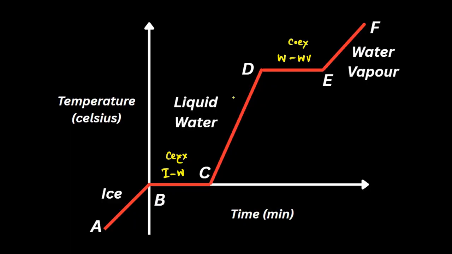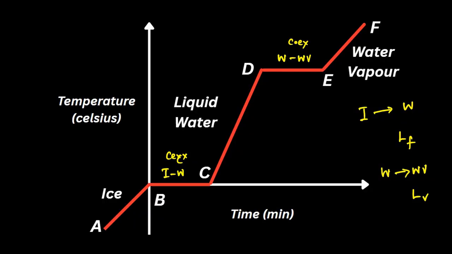This is the situation. So to convert the entirety of ice to water, you need latent heat. To convert the entirety of water to water vapor, you need latent heat. The latent heat to convert the entirety of ice to water is called latent heat of fusion, and the latent heat required to convert the entire liquid water to water vapor is called latent heat of vaporization.